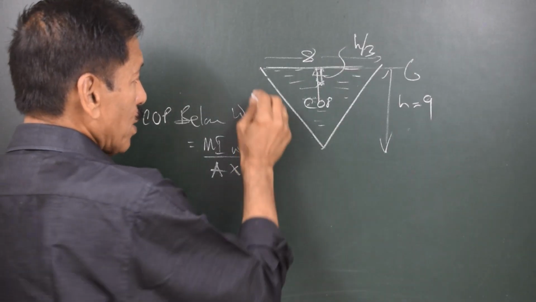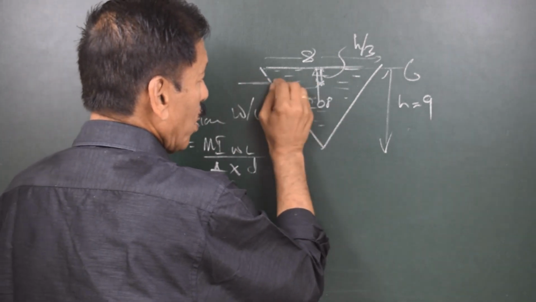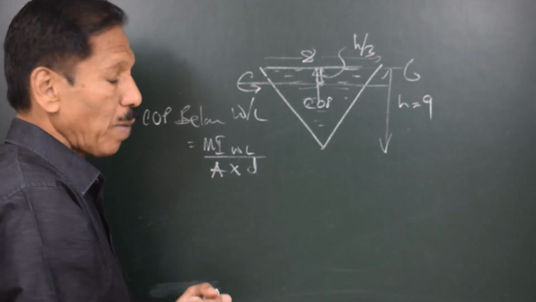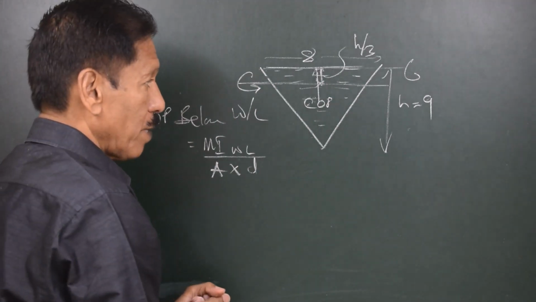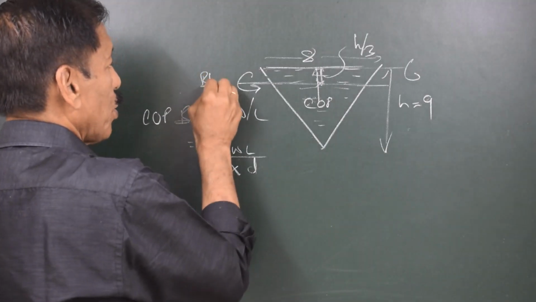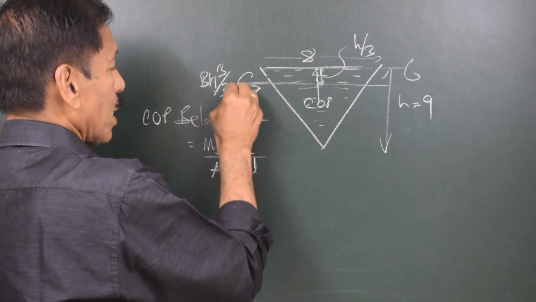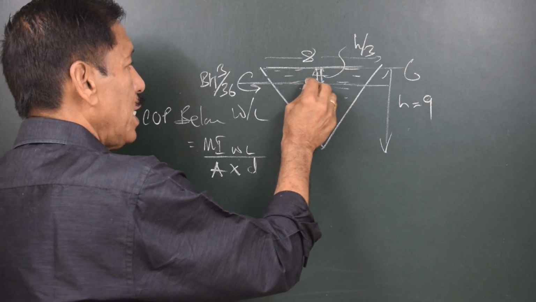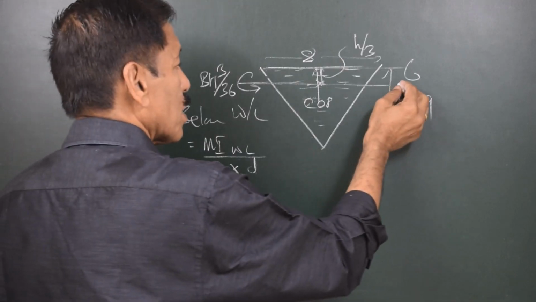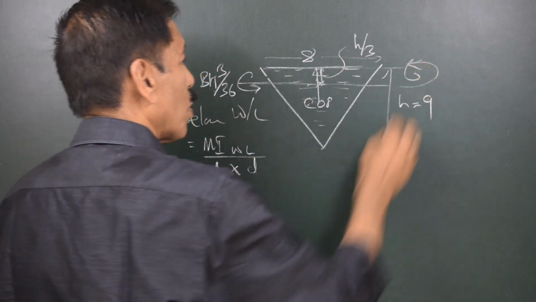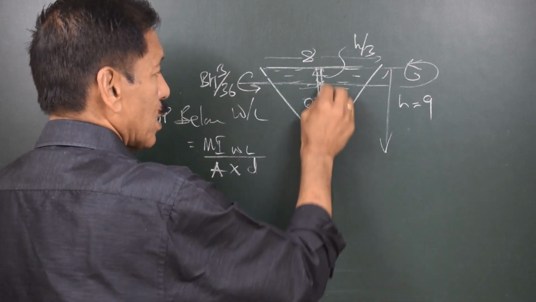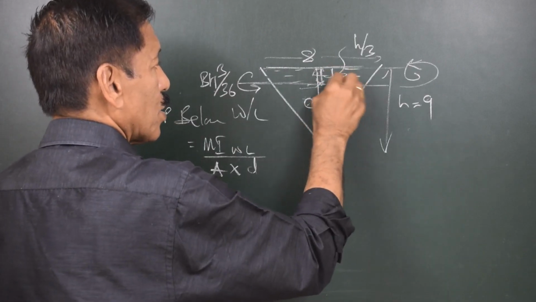Moment of inertia about the centroid axis parallel to base in case of a triangular shape is nothing but bh cube upon 36. Unit you know is meter raised to 4. But if we need to shift this moment of inertia to the water level, h is equal to 9, so this distance is 6 meters and this distance is 3 meters.